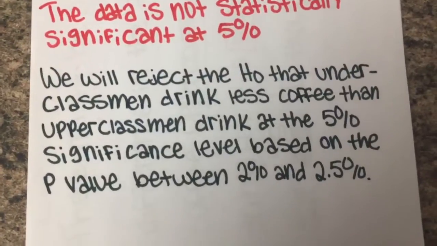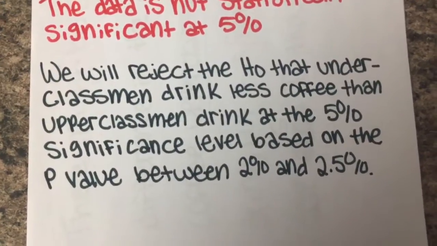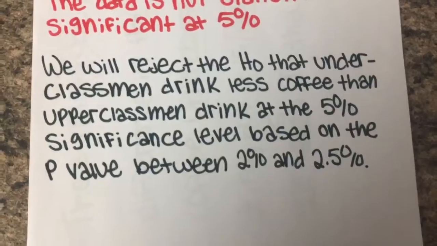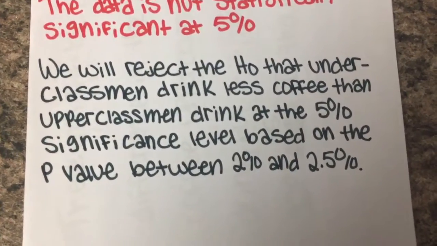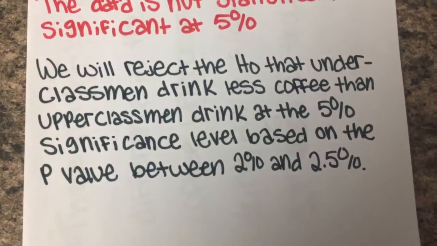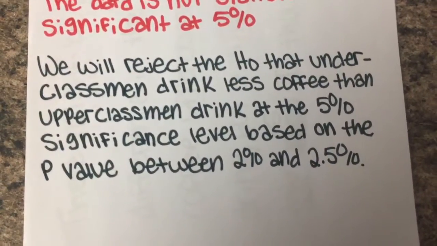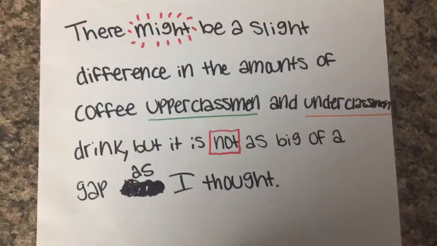After doing all that, all that's left is your statement. So, we will reject the H0 that underclassmen drink less coffee than upperclassmen drink at the 5% significance level based on the p-value between 2% and 2.5%.